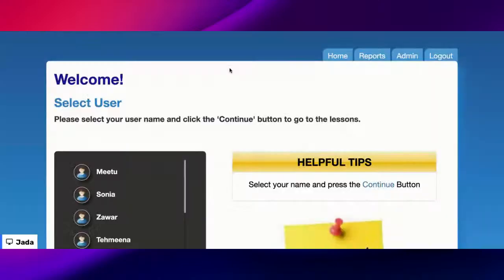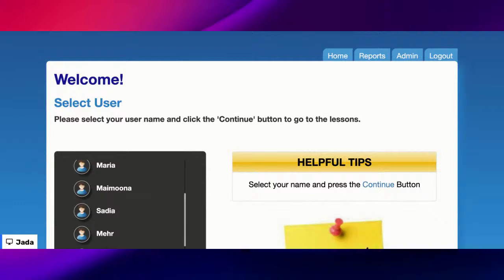Today we'll be having context clues. So first you log in using aplusstudent.com and then you move over to your name and click on your name.